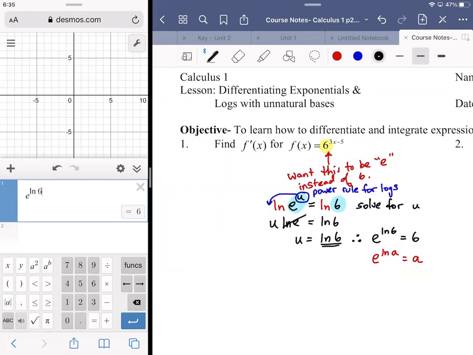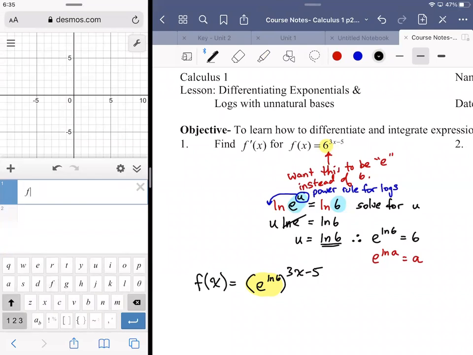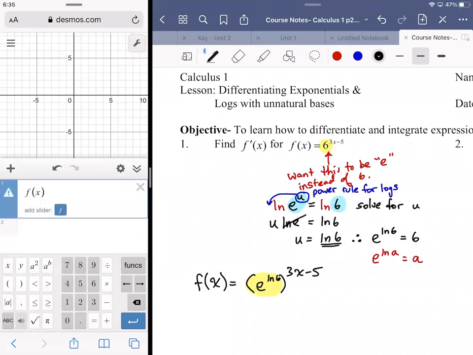Anyway, so I can now rewrite my original function at long last. Instead of 6 to the 3x minus 5, I can now write e to the ln of 6, all raised to the 3x minus 5. All right, means the same thing. You're unsure? Type in your original function. They said 6 raised to the 3x minus 5, parentheses. All right, so that's the original one that they gave us.